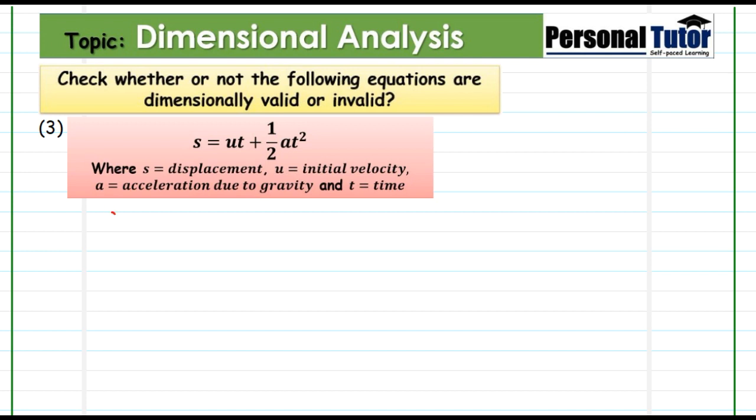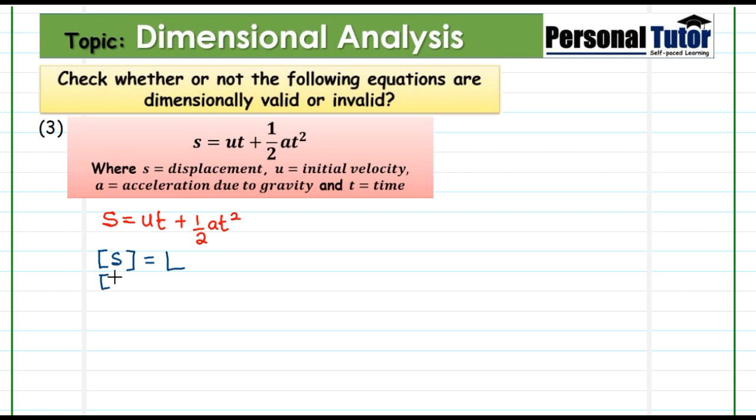As given, the equation is S equals ut plus half of at squared. We need to express each of these terms in their dimensional form. The first is the S, which is said to be displacement. Displacement is a length, and so it has a dimensional equation to be L.